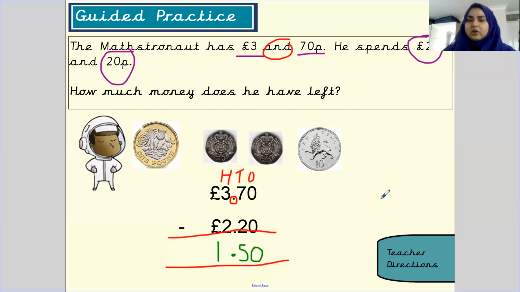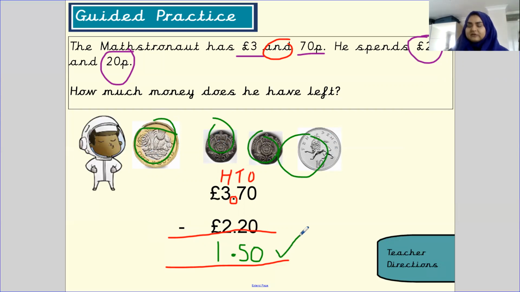So that is what your answer should have been. I'm just going to check it against my coins to see if it's correct. I have £1, I have 20, 40, 50p. So my answer is £1.50. So the mathstronaut has £1.50 left.